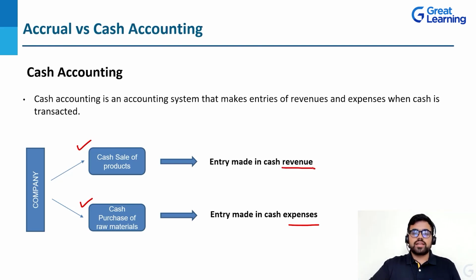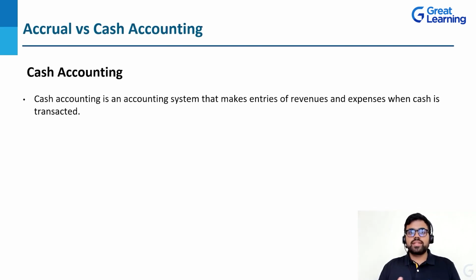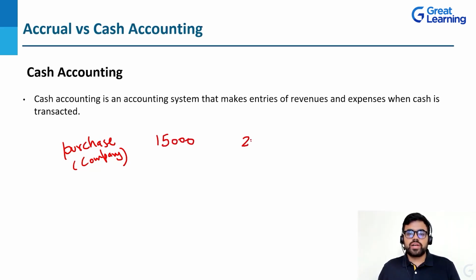Okay, let's take an example. Let's say that you are a retail phone seller. So for that, you would need to first purchase the phone from the company and then sell it to the customer, right? So first step would be to purchase the phone from the company. Let's say you paid 15,000 rupees to get that phone on 20th, let's say December.